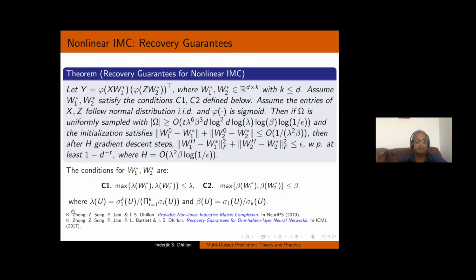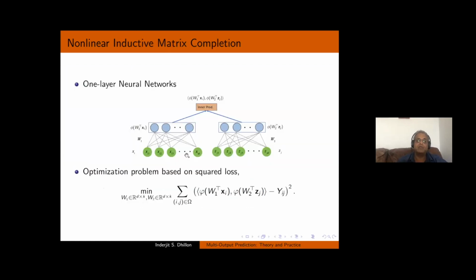This is mainly the work of my student Kai Zong, who did it in 2 steps. In 2017, we analyzed a one hidden layer neural network. In that case, we had just the left side of this picture, and then a final layer to give the output.